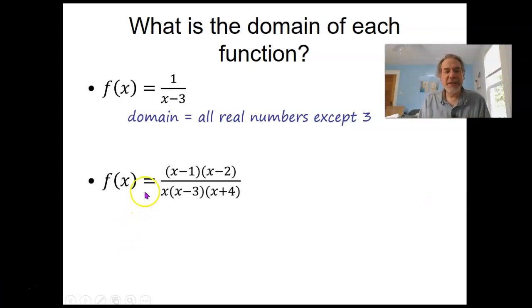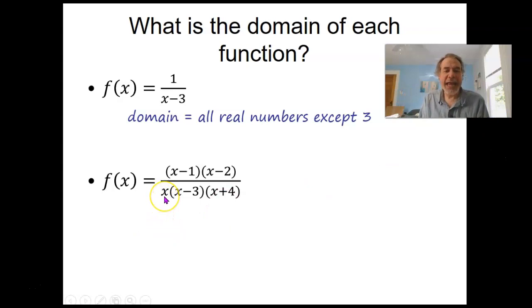What about this function? F of x equals x minus 1 times x minus 2 over x times x minus 3 times x plus 4. Remember what we got to watch out for. Any x's that would give us a 0 in the denominator have to be excluded from the domain. Okay, which x's would those be? Well, for the denominator to be 0, that would happen when any one of the factors that make up the denominator is 0.